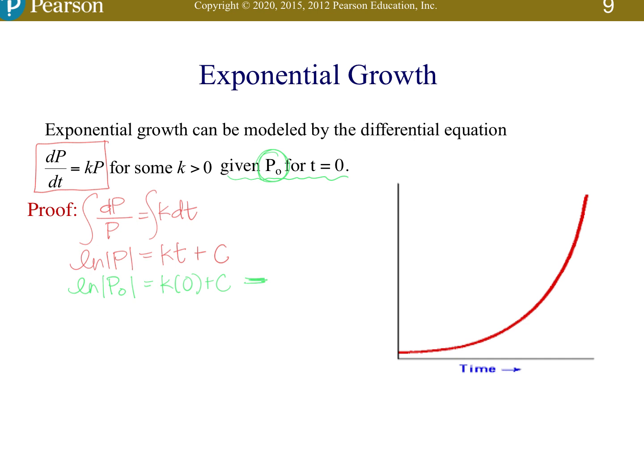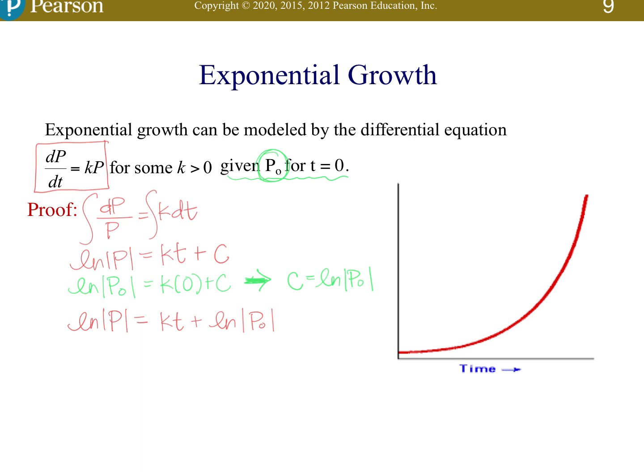Well, that clearly shows us that c is equal to the natural log of P sub 0, the natural log of the starting population value. So we can go back to ln of P equals kt plus the ln of the absolute value of P sub 0.